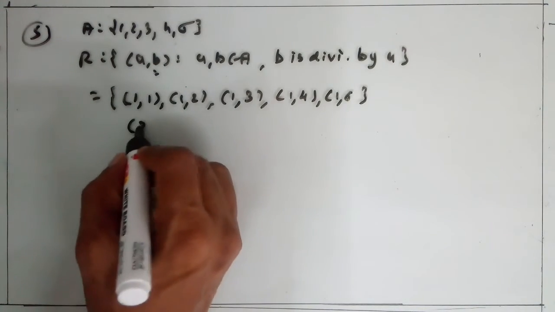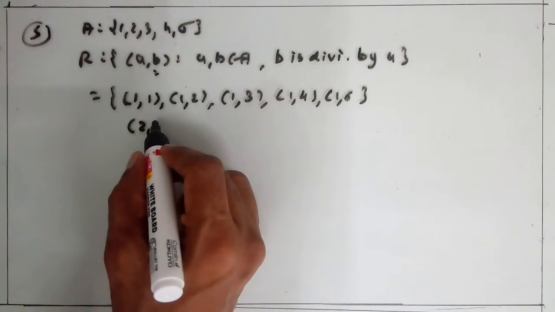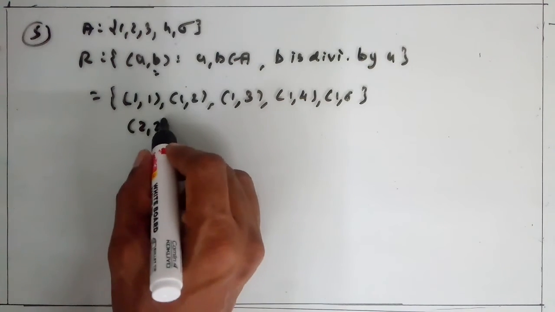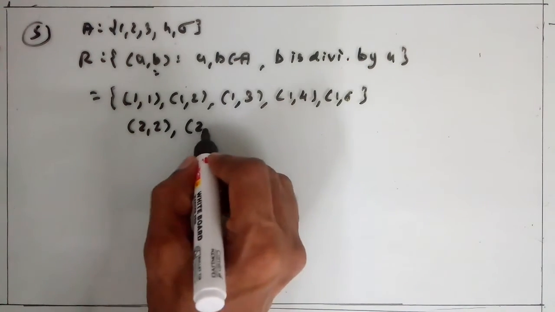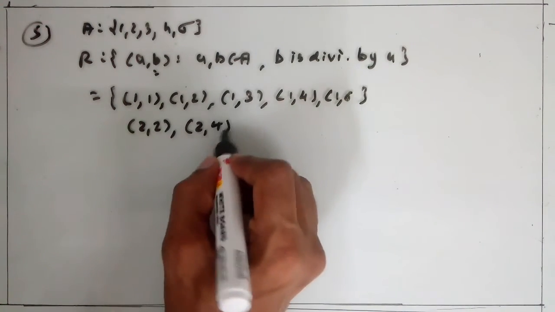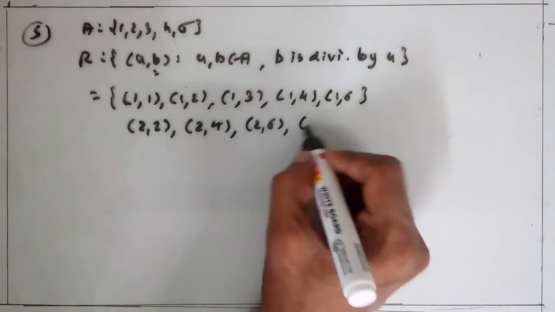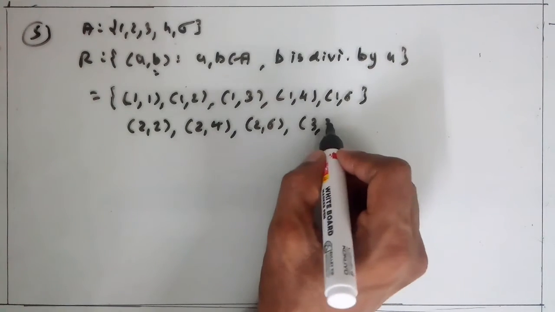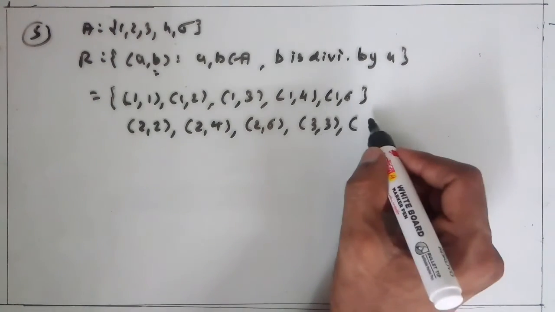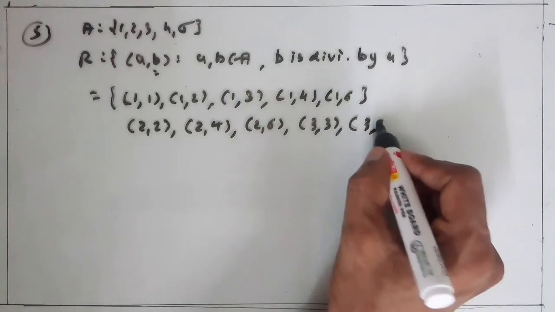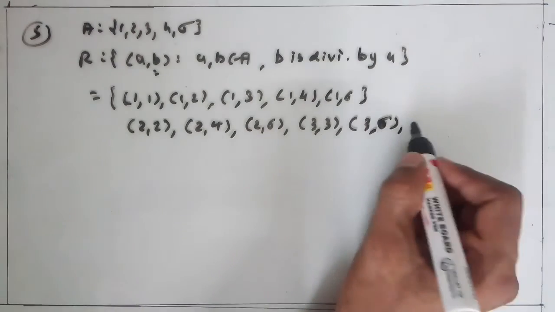Now with 2, multiple of 2: (2, 2), (2, 4), (2, 6). Now with 3: (3, 3), (3, 6). Clear?